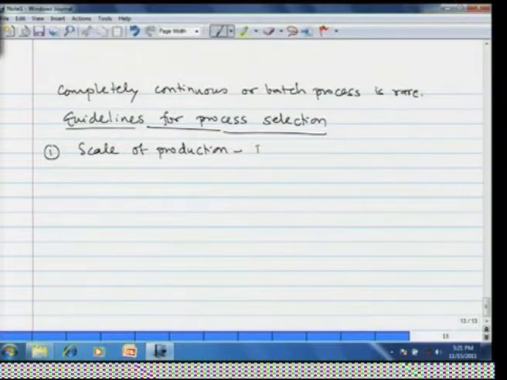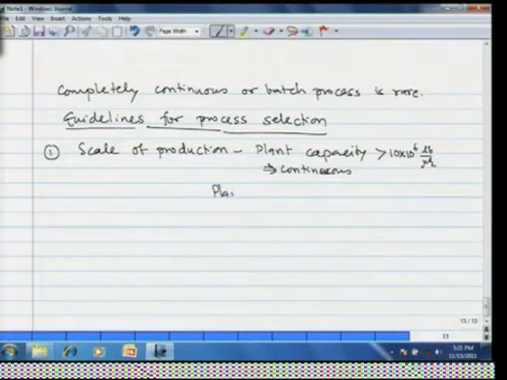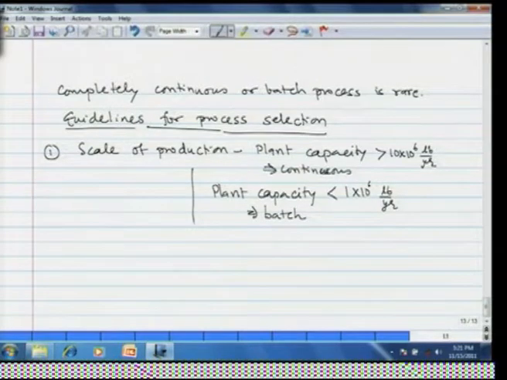Typically, if the plant capacity is greater than 10 million pounds per year, we use a continuous process, and for plant capacity less than 1 million pounds a year, we use a batch process. But remember, these are thumb rules. These are not hard and fast laws.